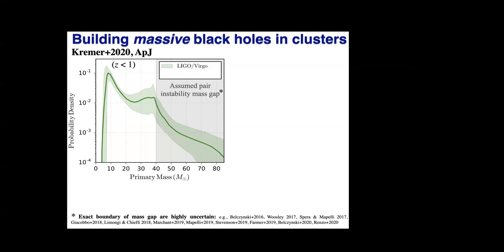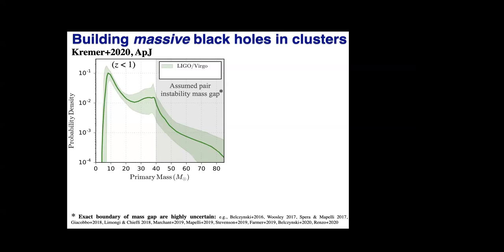This process is expected to lead to a significant amount of mass loss for sufficiently massive stars right before they collapse. And the expectation from stellar evolution theory is that the pair instability process would lead to essentially a dearth of black holes, or potentially even an absence of black holes, above roughly 40, 50 solar masses up to maybe 100 solar masses.